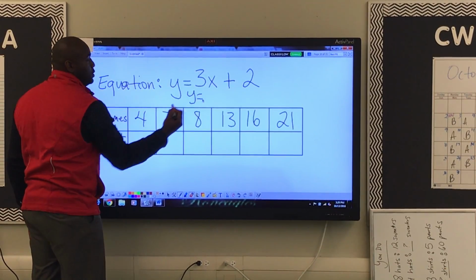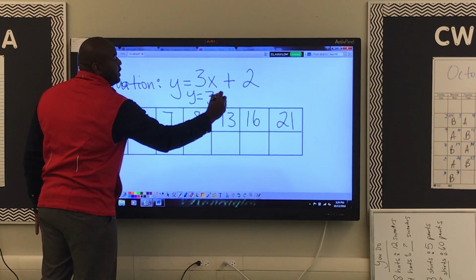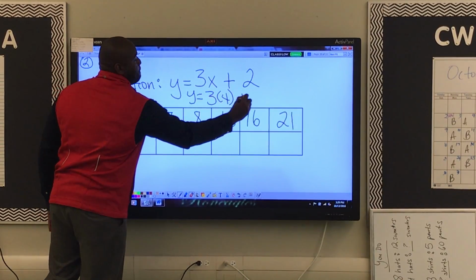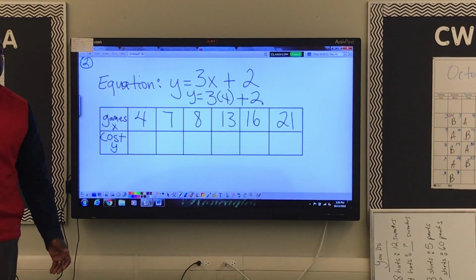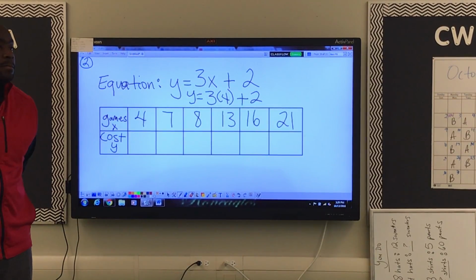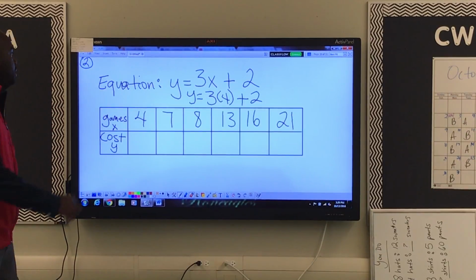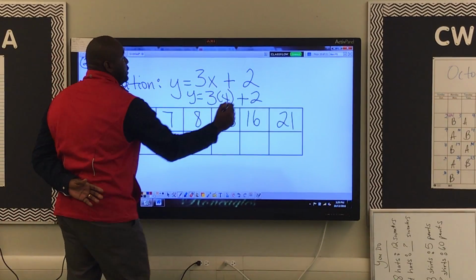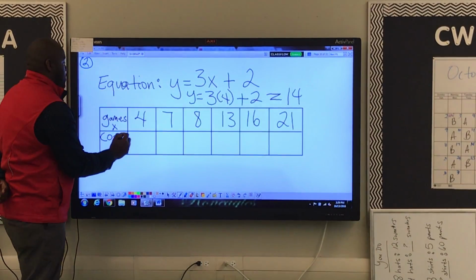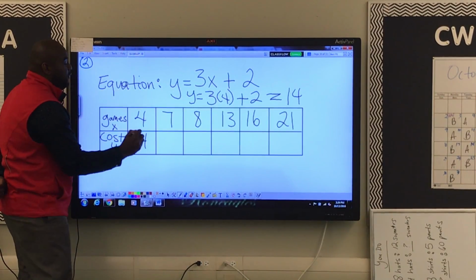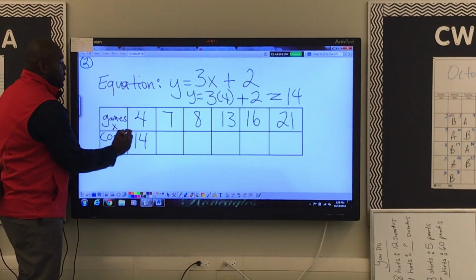So y equals 3 times 4 plus 2. Well, 3 times 4 is 12. Good. 12 plus 2 is 14. So to play 4 games, it is $14.